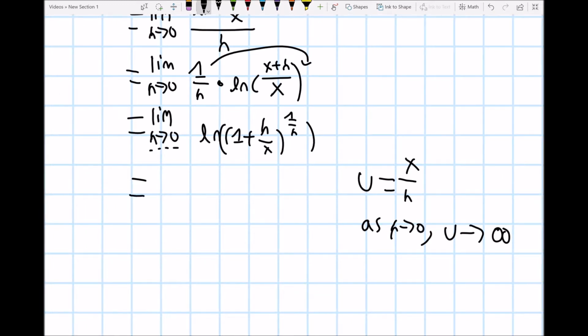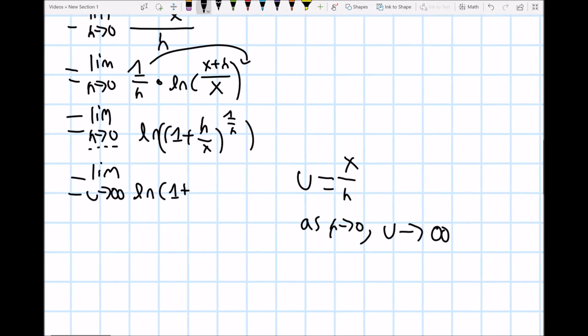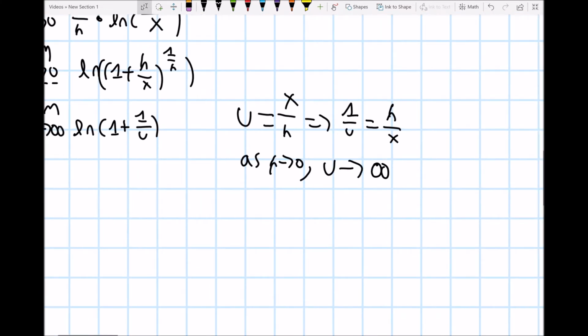So now this is the limit as u approaches infinity of the ln of 1 plus, and then what is h over x? This implies that 1 over u is equal to h over x, because we flip both sides. So now 1 plus 1 over u, and now what is 1 over h?